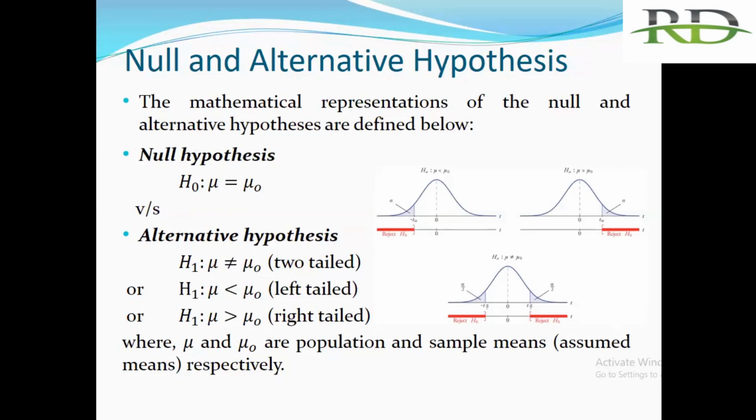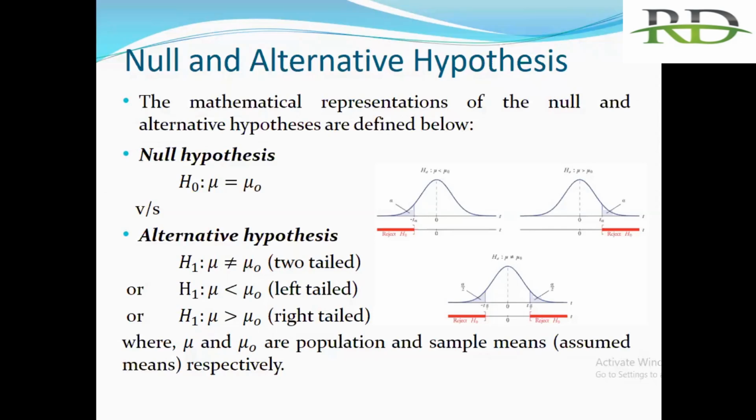Suppose this is your objective, then your aim is that weight should be reduced. So in that case, we will go with a one-tailed alternative hypothesis, and that is left-tailed, because you are assuming that weight will reduce.